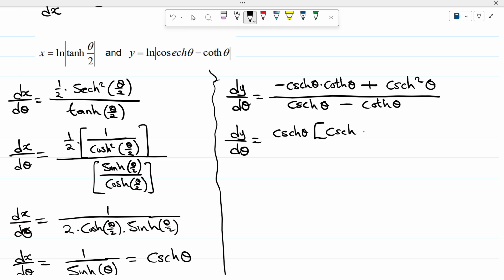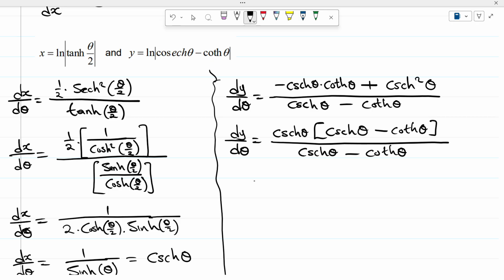It will then be multiplied by hyperbolic cosec of theta minus hyperbolic cot of theta, and then all of this will be divided by what we had there before. So I'll just copy it, hyperbolic cosec of theta minus hyperbolic cot of theta, and we can see that this bracket and that denominator will cancel out. So at the end of the day, I will end up having hyperbolic cosec of theta as my dy d theta.